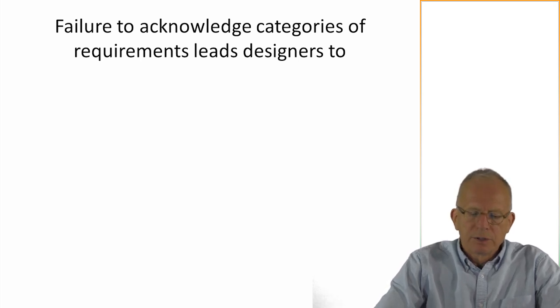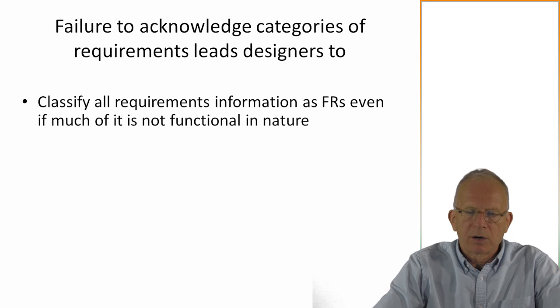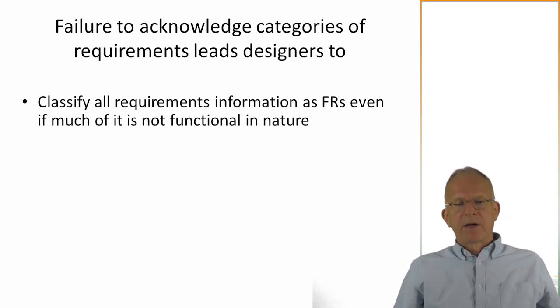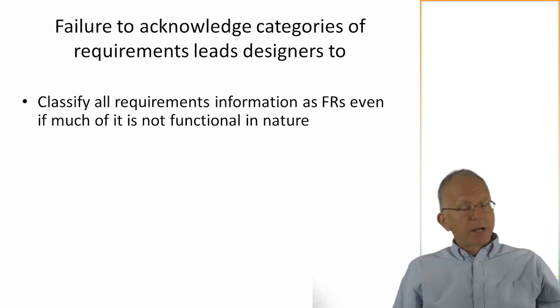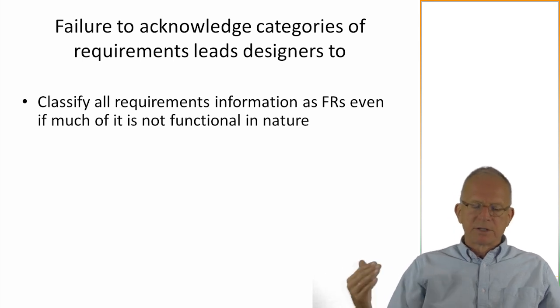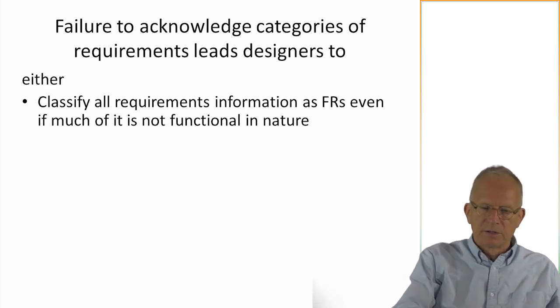And so failure to acknowledge these categories can lead designers to, one, classify all of the requirements information as FRs, even if much of it is non-functional in nature. So then we don't have the minimum list of FRs, and this won't be good to design from.